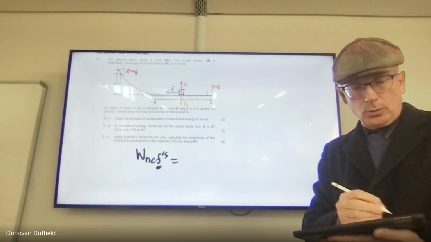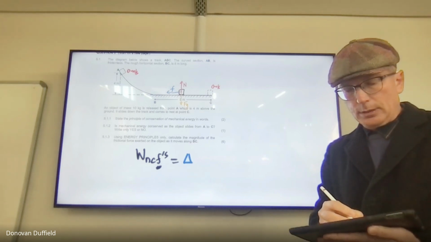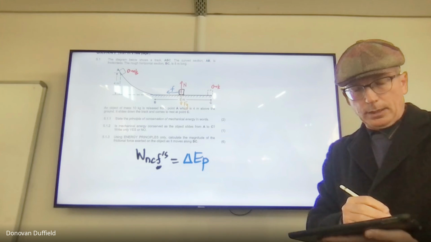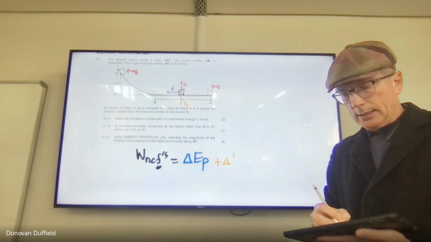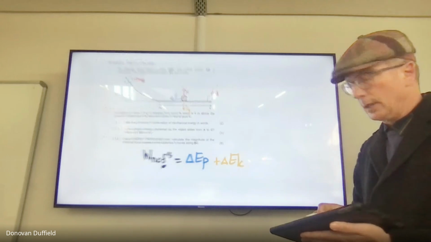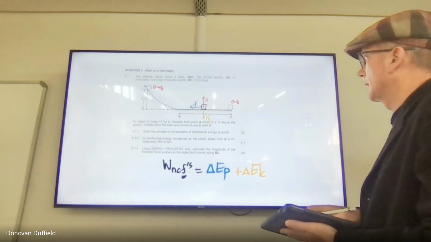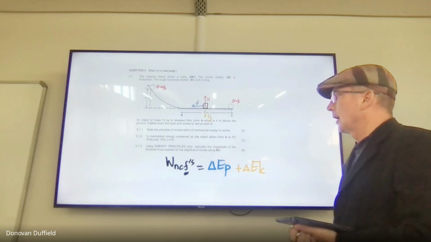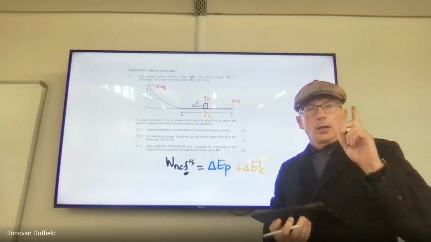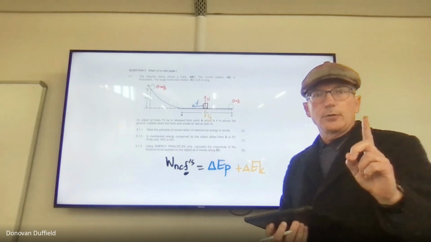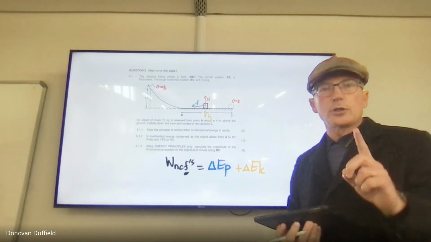It is going to equal the change in potential energy plus the change in kinetic energy. All right? Okay, that's great. Excellent. Now, it's important to specify between which points.